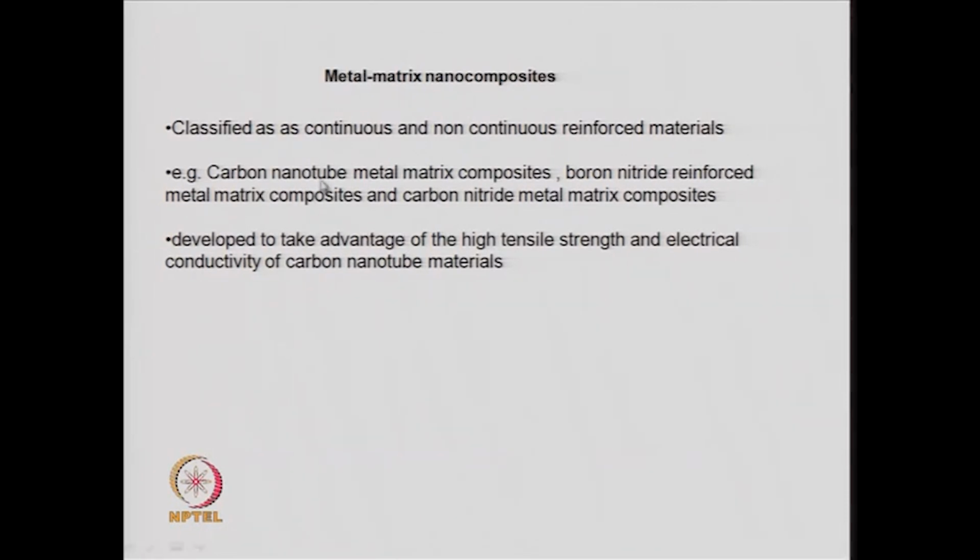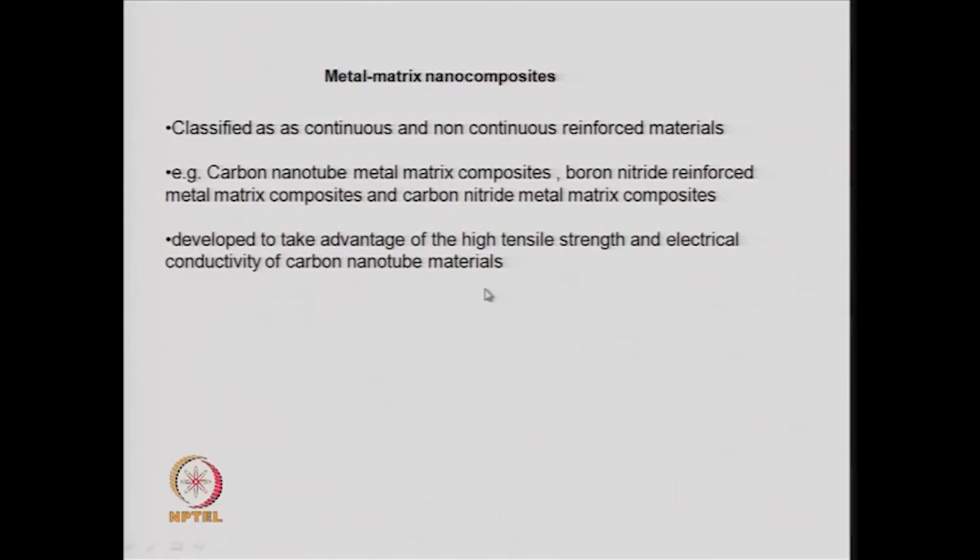So, you can have carbon nanotube based metal matrix composites, or similarly you can have boron nitride nanoparticles in a metal, or you can have carbon nitride in a metal matrix, and this gives rise to very high tensile strength and electrical conductivity of the carbon nanotube materials.